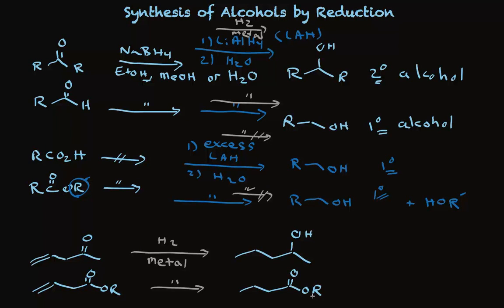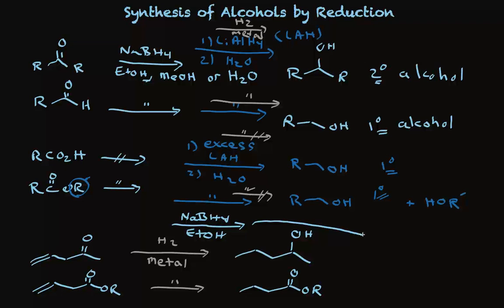So you see that there's a variety of selectivity that's at play here. If it turns out to be just the carbonyl that you want to reduce, you'll pick a hydride reducing agent such as sodium borohydride and ethanol.